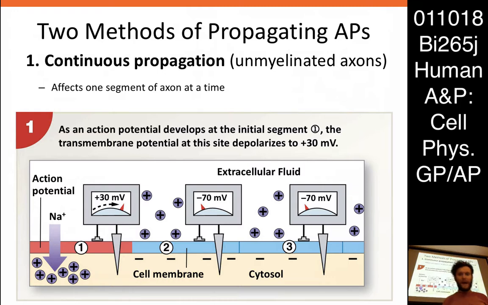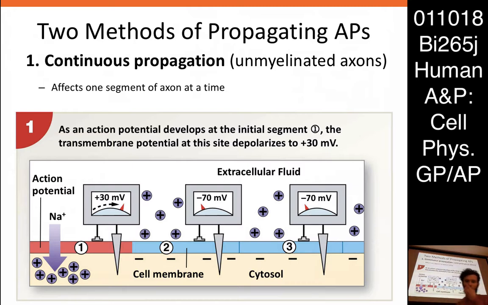So there's two methods of propagating action potentials. There's continuous propagation. Only a few neurons in humans or even chordates are continuously propagated. Most of them are what are called saltatory.